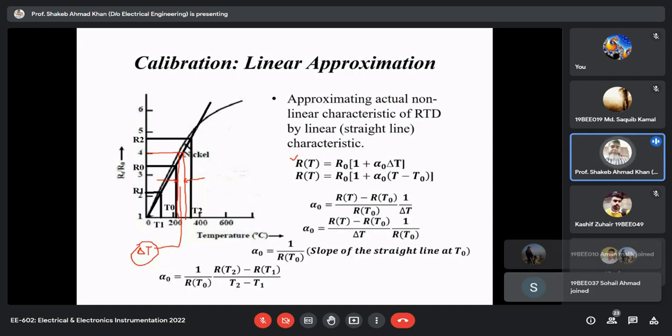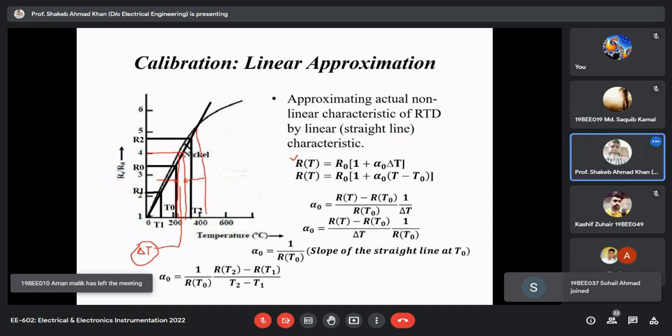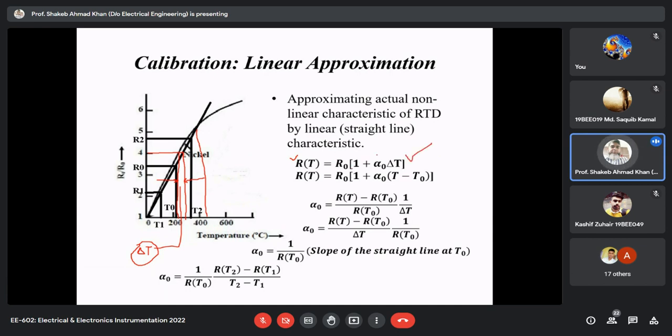Suppose this is the range for which you are using this straight line, this equation, because if you change the range, then your alpha naught value, the coefficient value, will change. In this range, suppose this is the maximum deviation throughout the span.